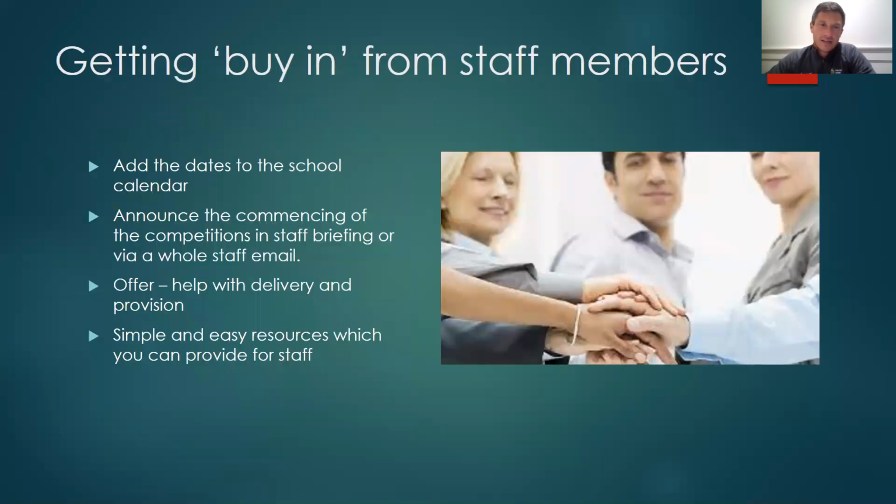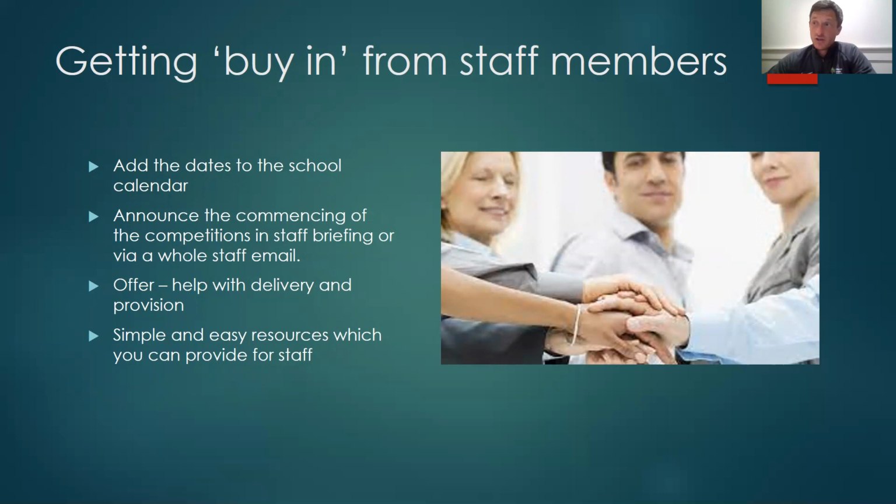The next thing we're going to look at is getting that buy-in from staff members. So I've already said it, but add dates to the school calendar, announce the commencement of the competition via a staff briefing or a whole school email, and offer some help with the delivery of the provision. It may be that you're not there to oversee all of the individual competitions, but if you can free up some time, which I know again is very tough, you may swap with a class teacher and offer those teachers some help, because some of them may be required to oversee some sort of competition, whether it's volleyball or handball, and they may have no idea what they've got to do.